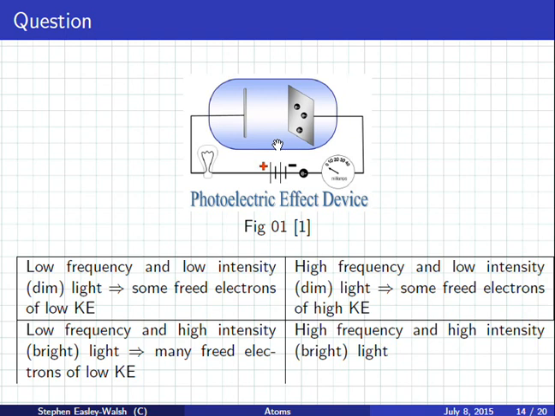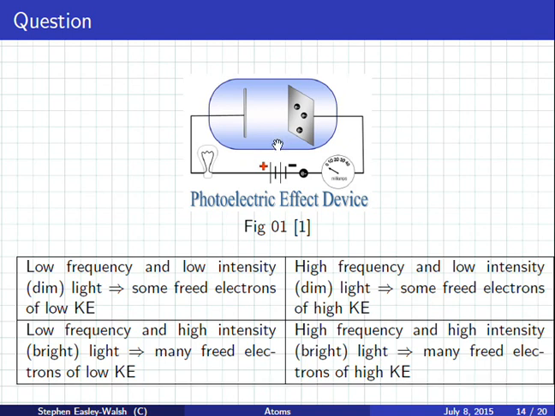Okay. Now, the last one, high frequency and high intensity. What do we have? Well, no surprises. Many freed electrons of high energy.